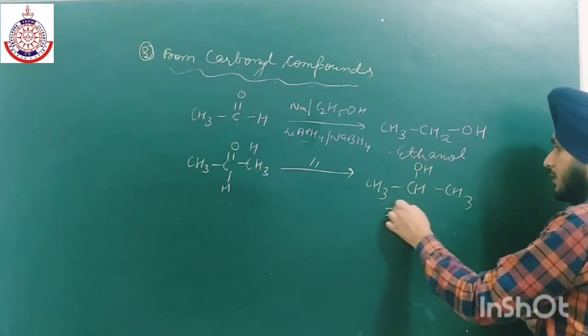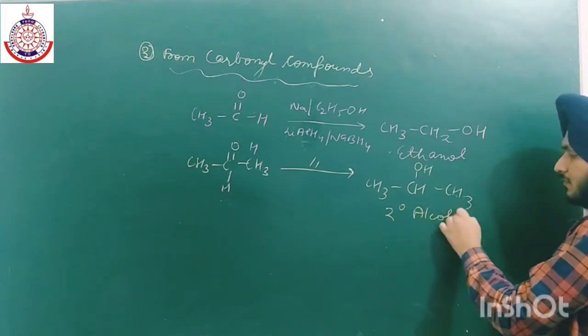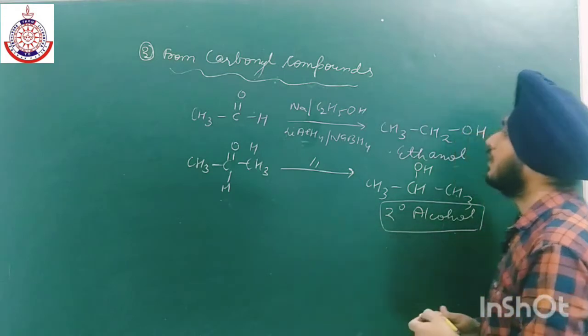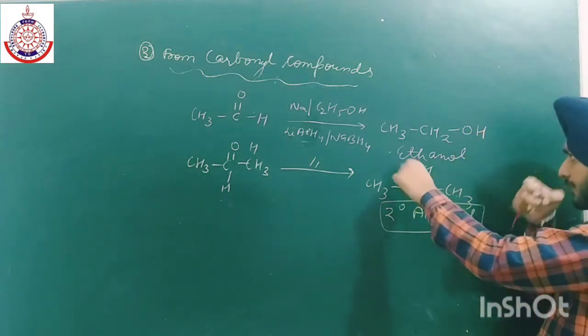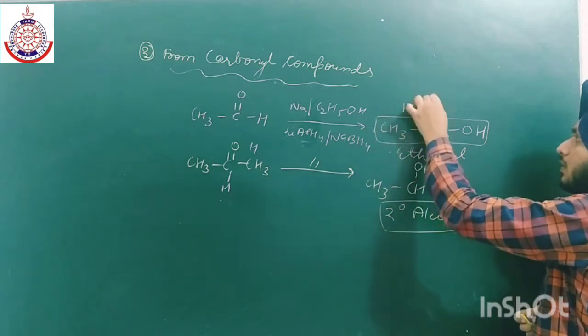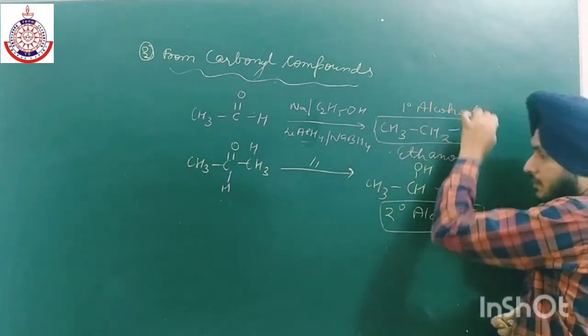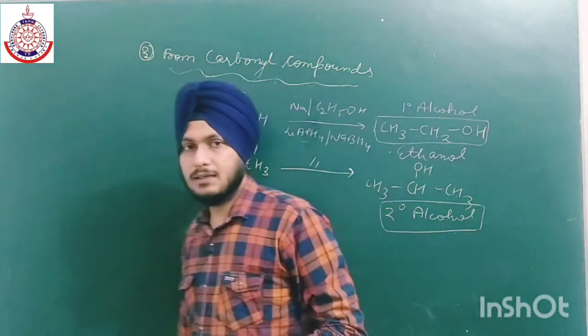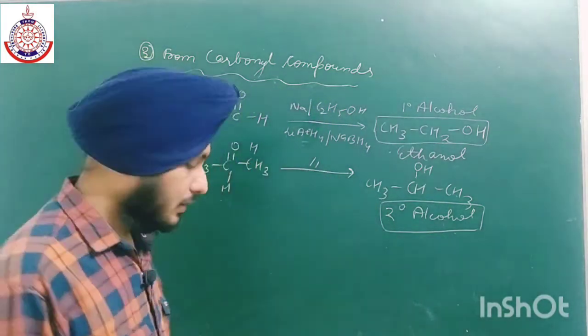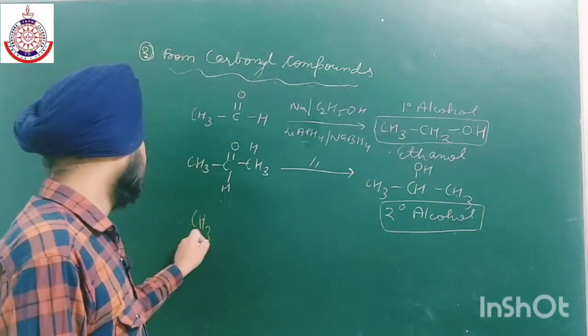So now a 2 degree alcohol will form. And in case of aldehyde, we will get a 1 degree alcohol. Similarly, we can easily prepare alcohols from carboxylic acid, like we have ethanoic acid.